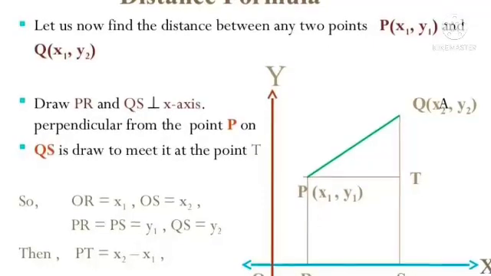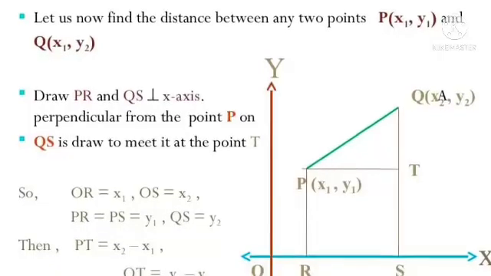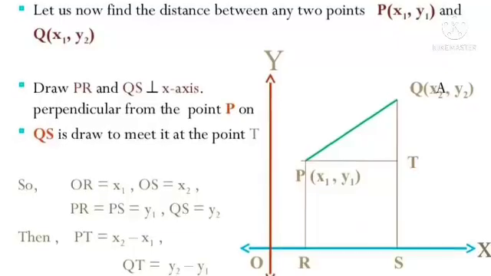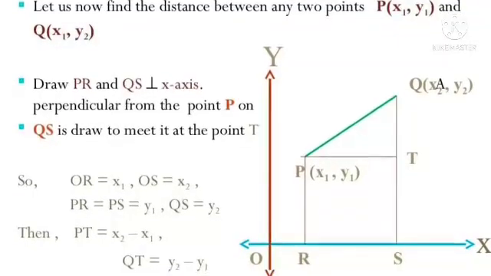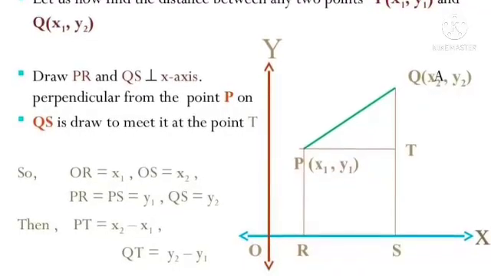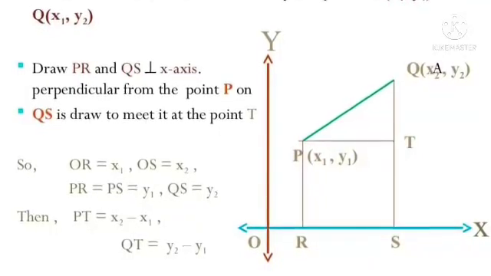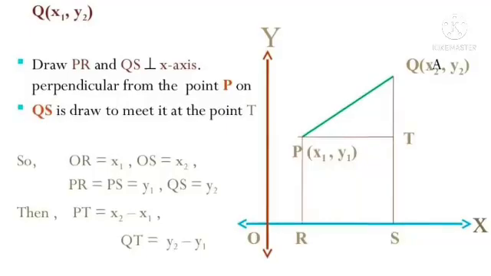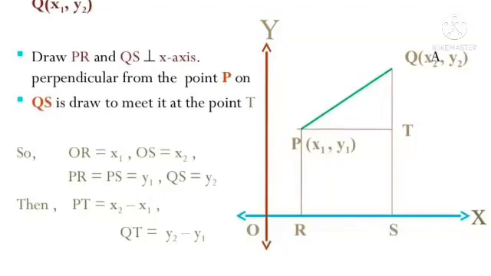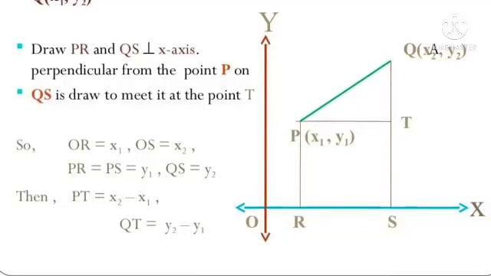Draw PR and QS perpendicular to the x-axis, and from the point P draw a perpendicular to QS to meet it at the point T. So, OR is equal to x1, OS is equal to x2, PR is equal to TS is equal to y1, QS is equal to y2. Then PT is equal to x2 minus x1, QT is equal to y2 minus y1.